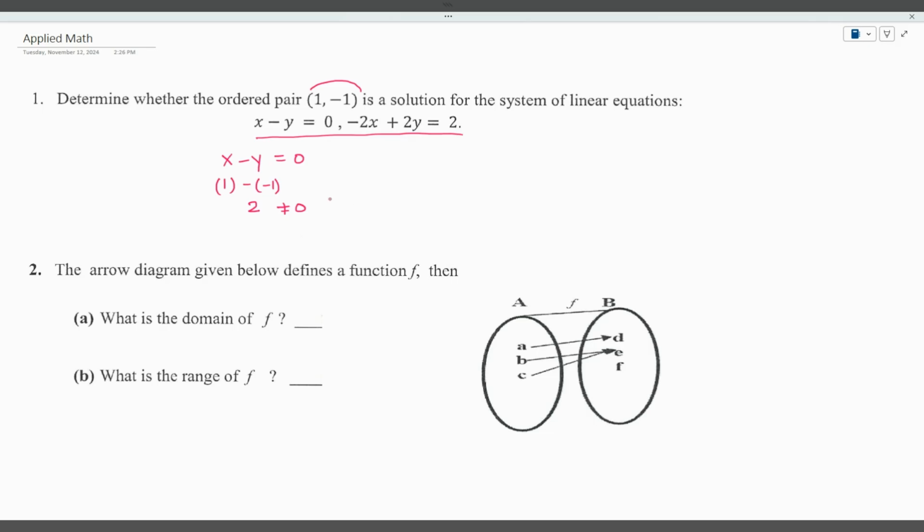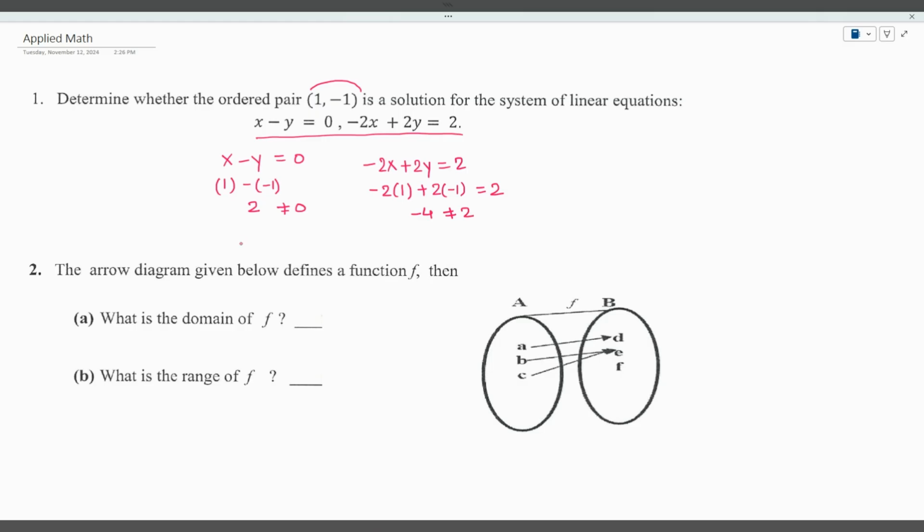Similarly, you can put the values in the second equation, -2x plus 2y is equal to 2. In place of x and y, put -2 times 1 plus 2 times -1, and you get -4, which is not equal to 2.